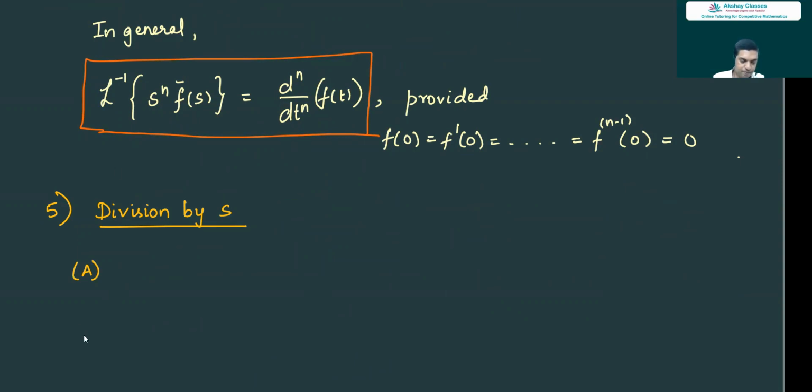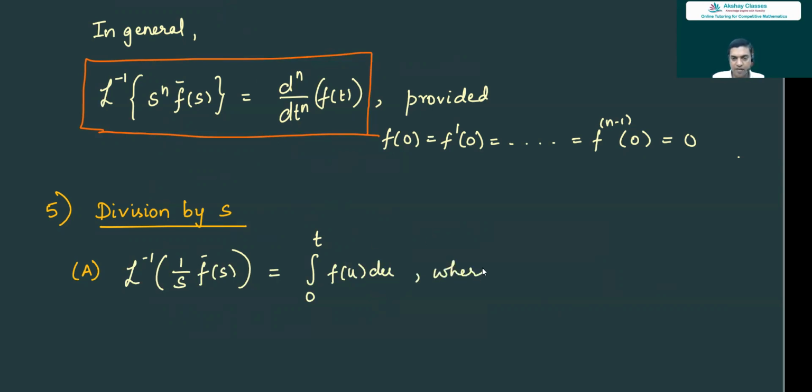So multiplication by s. Now division by s means integral. So Laplace inverse of 1 by s of f bar of s is the integral 0 to t of f of u du, where the Laplace transform of f of u or f of t is this.